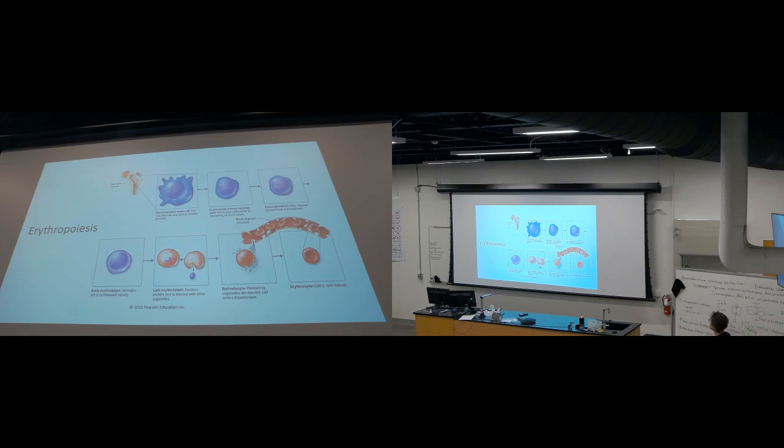So this stimulates the bone marrow to produce red blood cells. Diabetics, when they have end-stage organ damage, like in their kidneys, will lose the ability to make this erythropoietin.